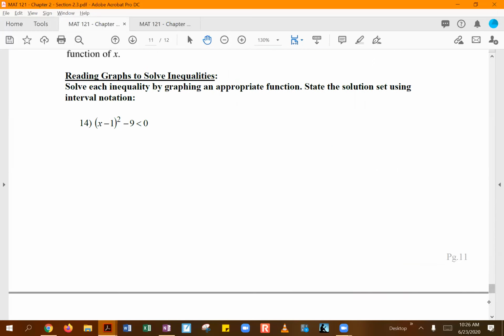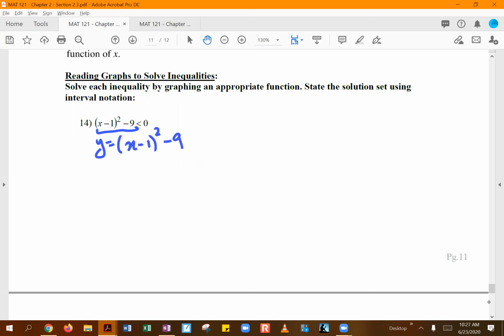So here they're asking us to graph these functions and then come up with our interval notation for the solution set. You can think of this as your function: y equals the quantity x minus 1 squared minus 9, and then graph this.